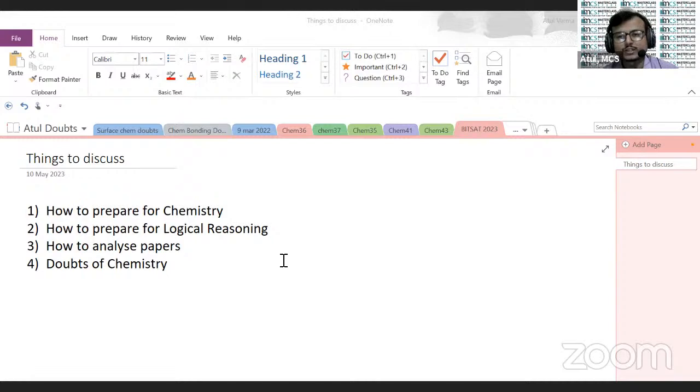In my opinion, if you have a crunch of time, you can attempt only those questions which you left or got incorrect at that time. If you have sufficient time you can attempt the whole paper, but the focus should be on those questions which were either left or wrong previously. That is very important. If you keep such things in mind while doing analysis, you can improve a lot. I hope this point is clear.